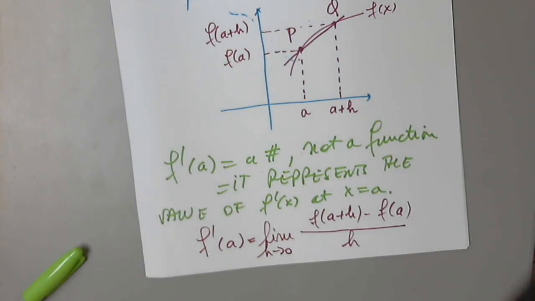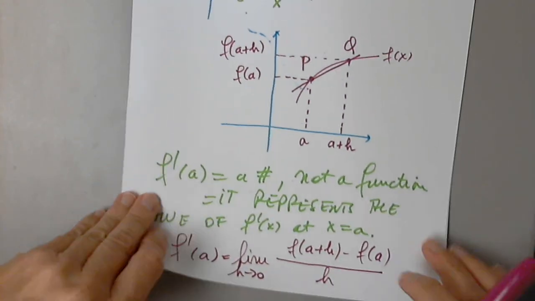I know we've had 2 quizzes on this, so this should be just a breeze right now, right? Let's find f prime of A for this function. Now choose which definition you want to apply. You want to apply the one with H approaches 0, or the one with T approaches A? Which one? H approaches 0? Okay, perfect.